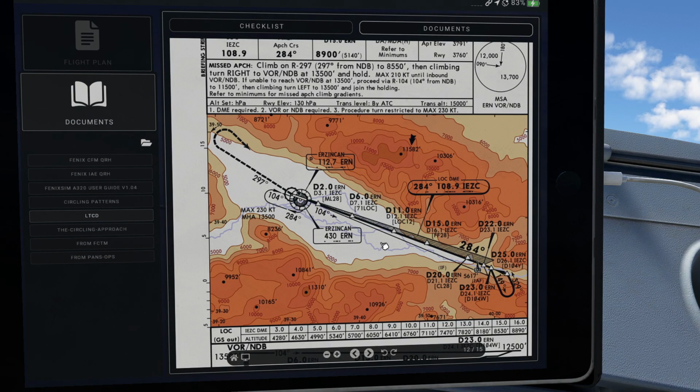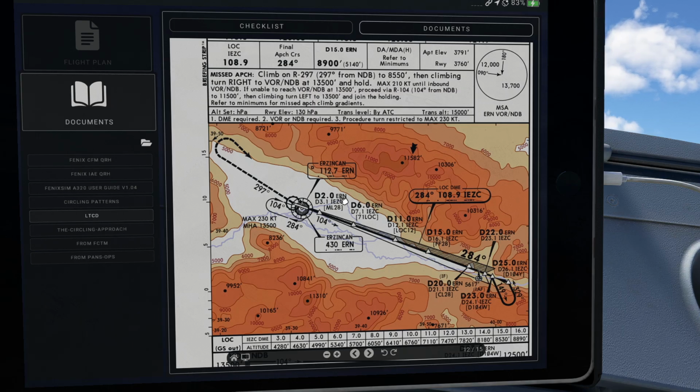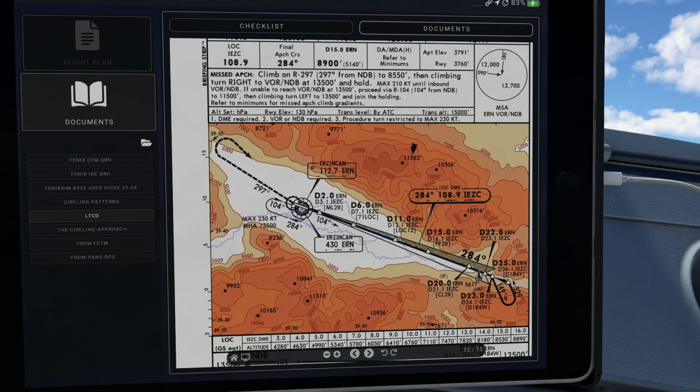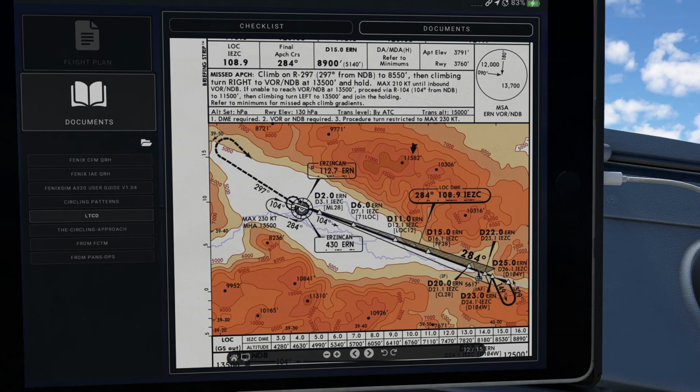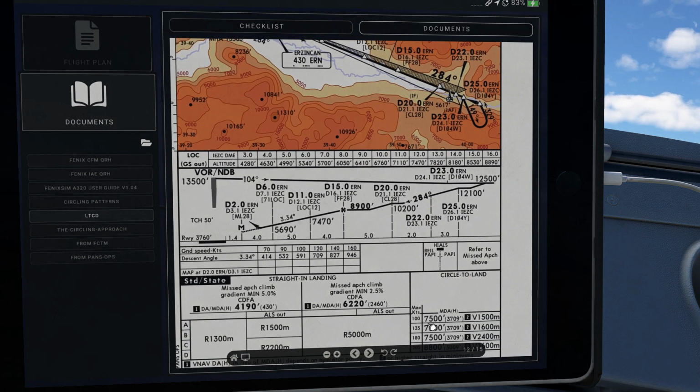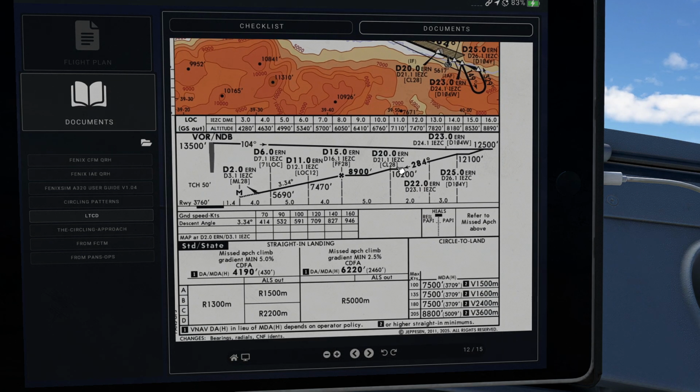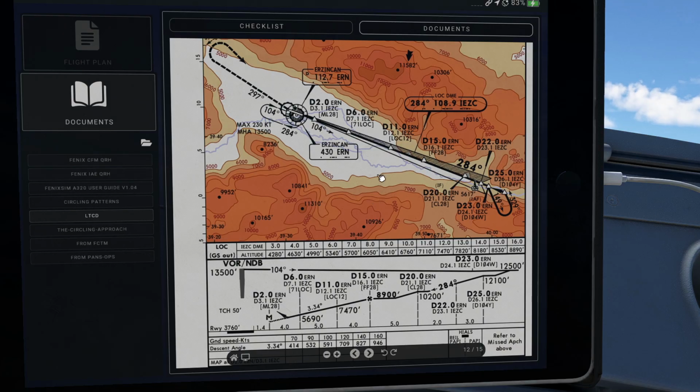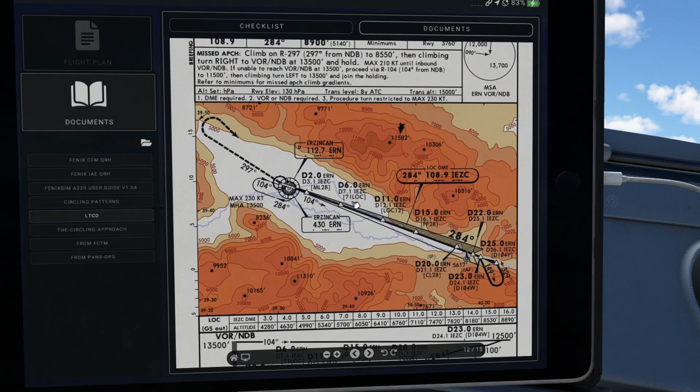We are going to be about 3,700 feet above aerodrome level, which is very high, and we are unable to descend below the MDA, which is 7,500 for a Cat Charlie aircraft, due to some reasons that we will discuss later about these limitations.